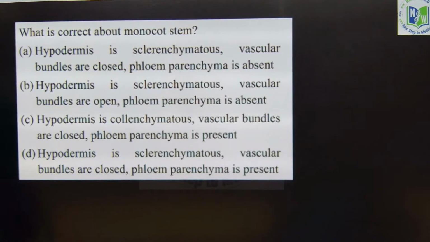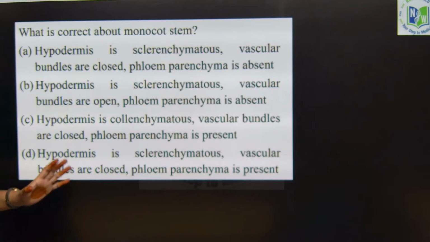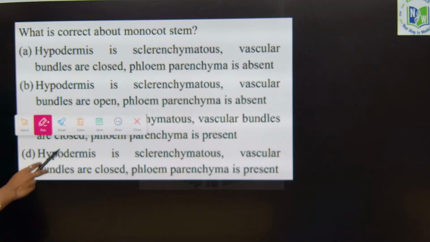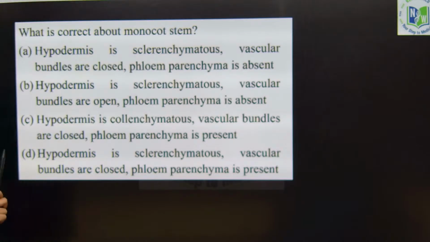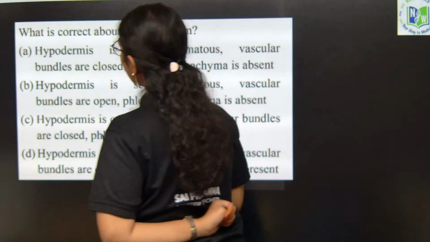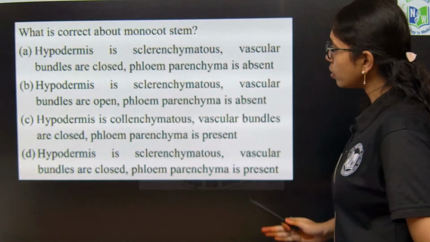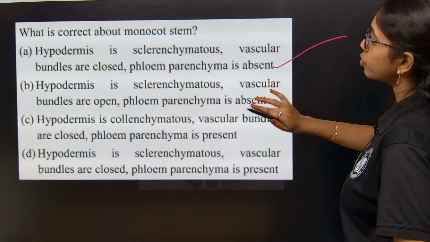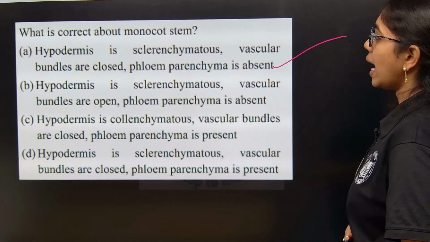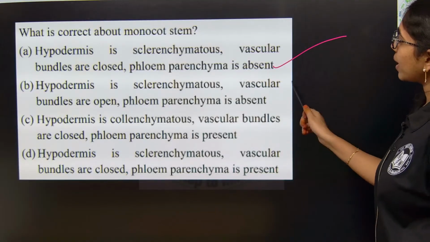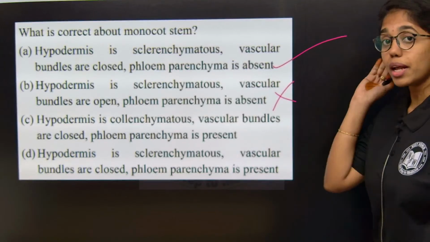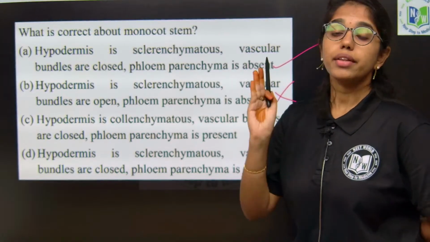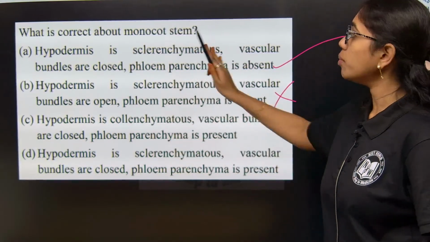Look at here. What is correct about the monocot stem? Hypodermis is sclerenchymatous, vascular bundles are closed, phloem parenchyma is absent. True, right, with respect to monocot stem. And then hypodermis is sclerenchymatous, vascular bundles are open. No, vascular bundles are closed because there is no secondary growth in the monocot stem.